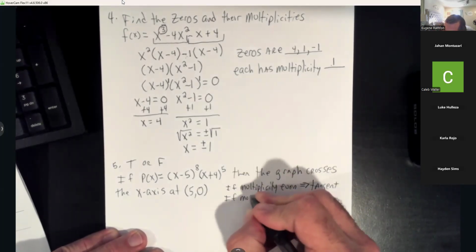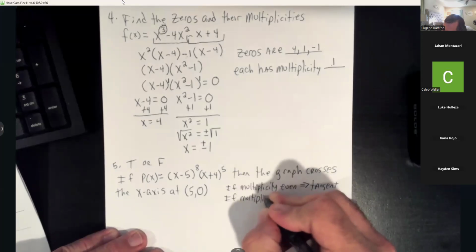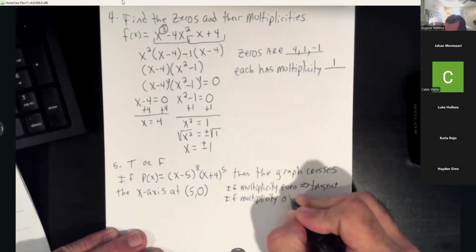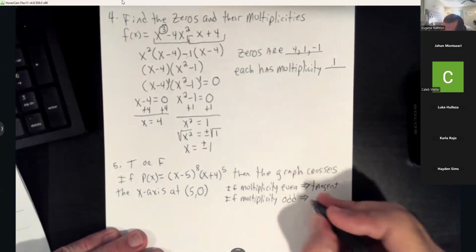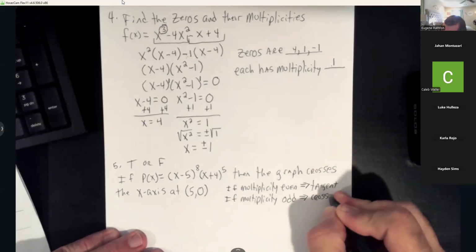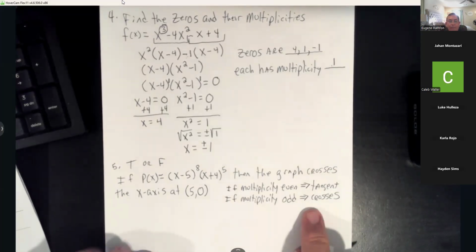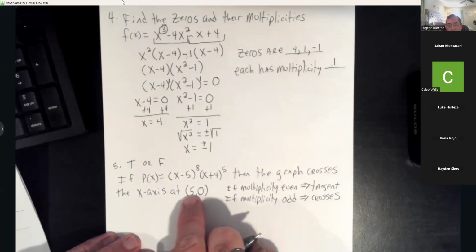If the multiplicity is odd, then the graph crosses over the x-axis. Okay? So what you got to figure out, you got a 0 of 5 here.